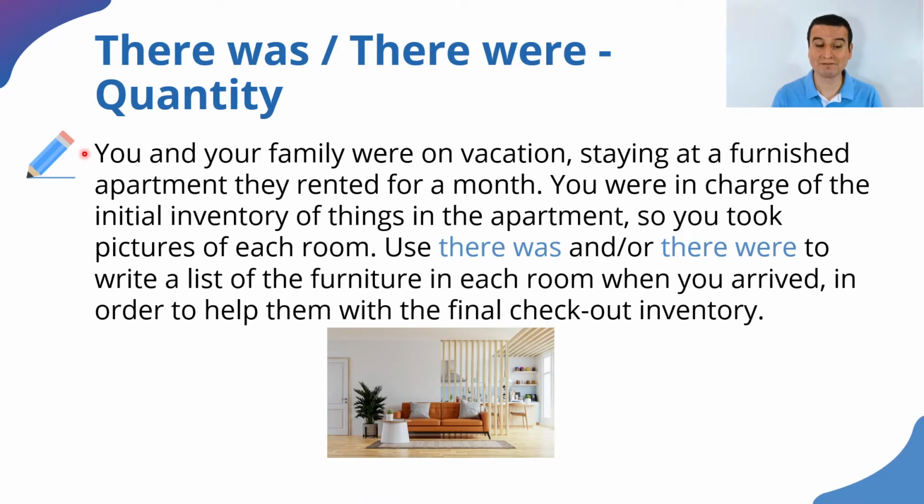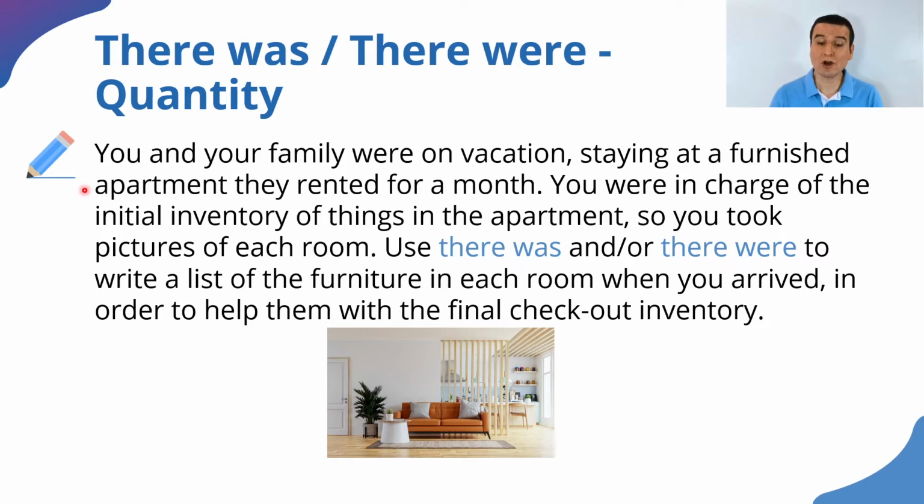And the final one. These are the instructions. You and your family were on vacation, staying at a furnished apartment they rented for a month. Furnished apartment means that it included all the furniture, like tables, all the conveniences that you need in an apartment to live.